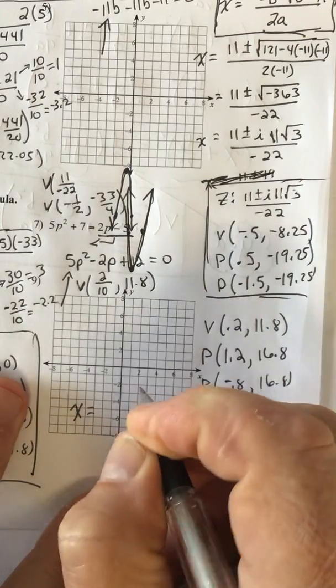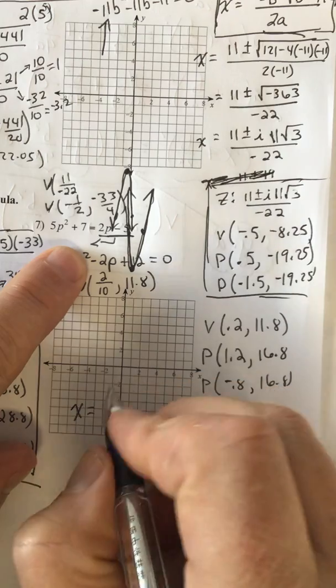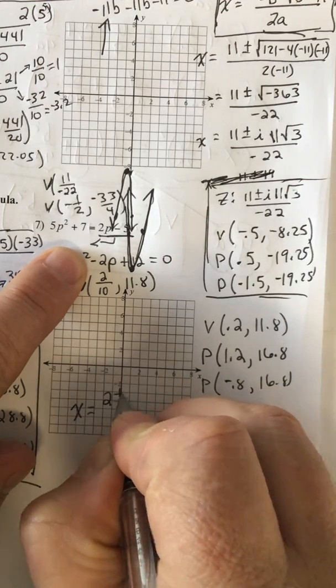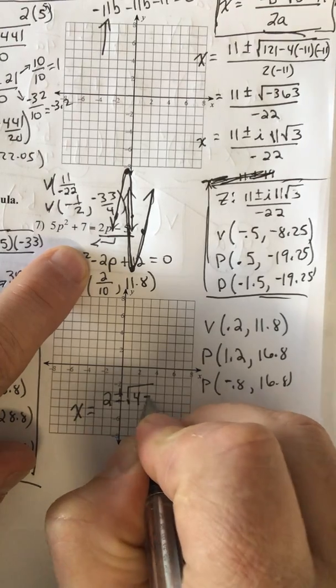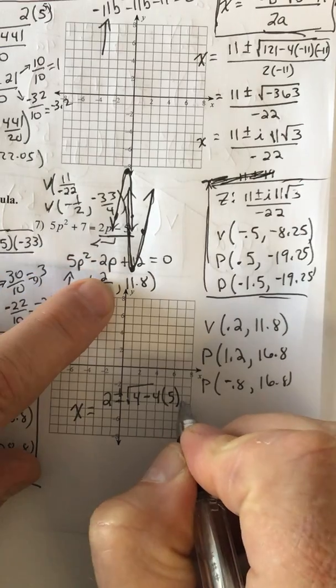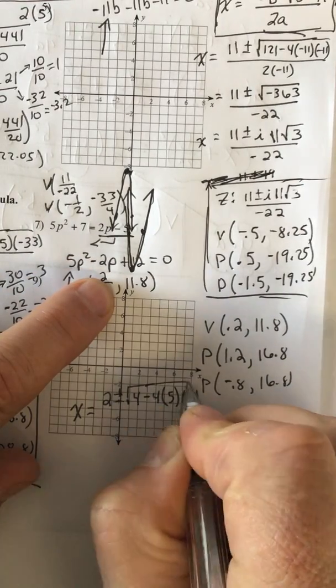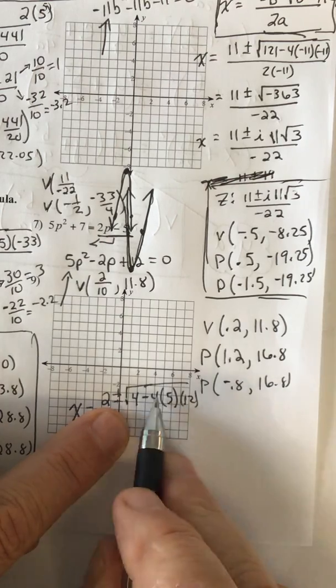Okay, x equals, the quadratic formula, negative b. So negative negative 2 is 2, plus or minus the square root of b squared. Negative 2 squared is 4, minus 4 times a, which is 5, times c, which is 12. See the imaginary part? 4 minus some big number, that's going to be negative.